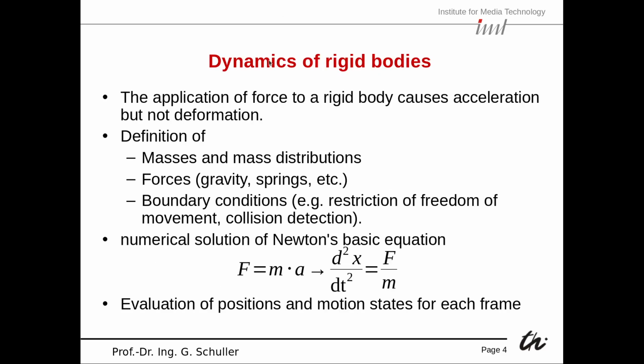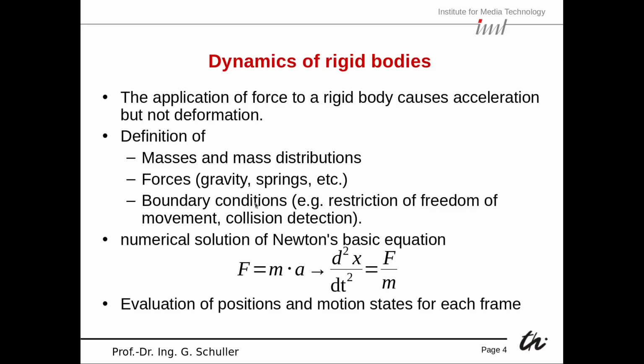Yeah, so first the dynamics of rigid bodies. So the application of a force to a rigid body causes acceleration, but not deformation. So here we have the definition of masses and mass distributions and forces like gravity coming from a gravity or from a spring, for instance.